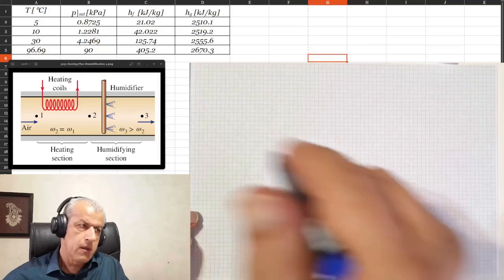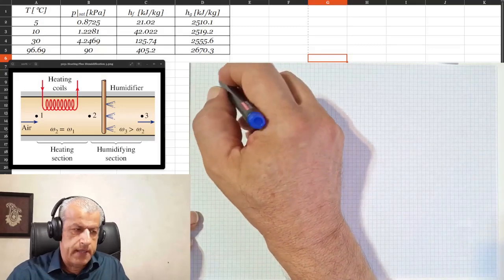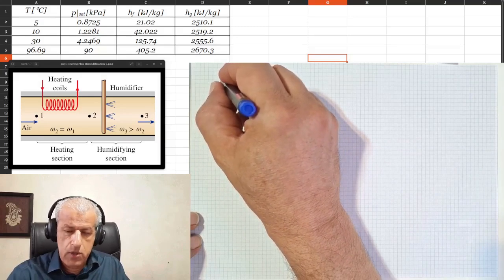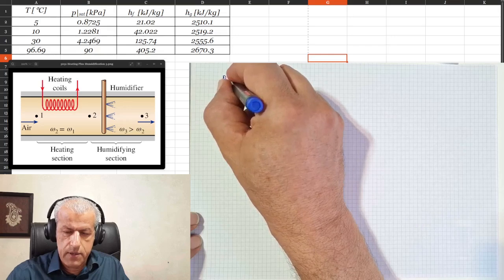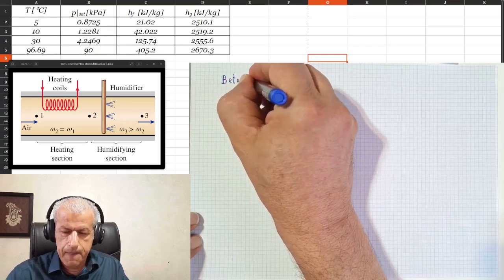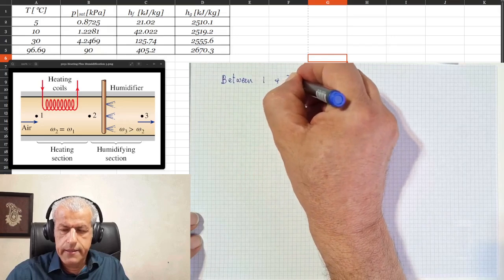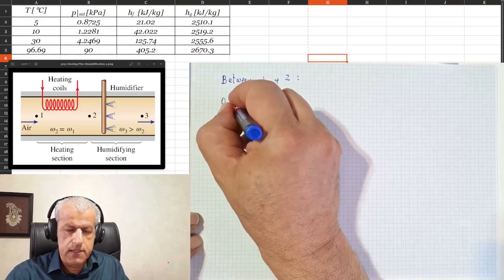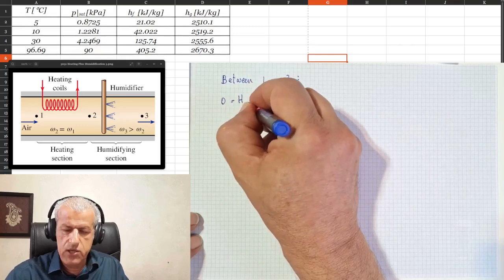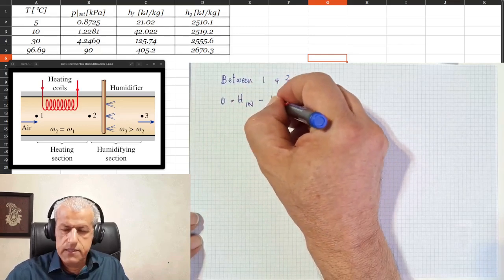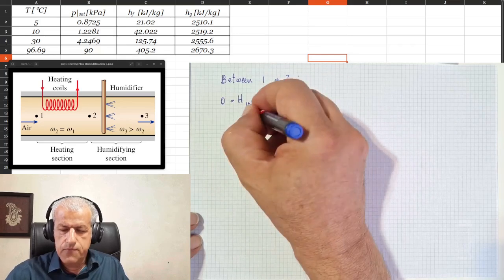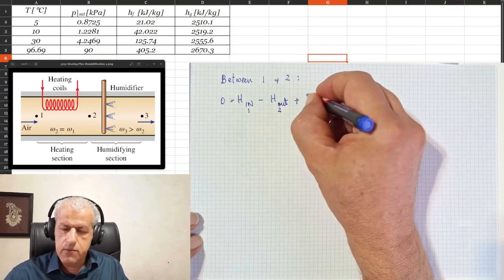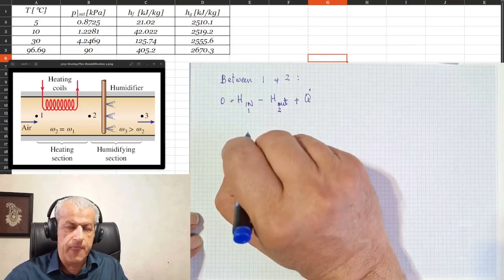So now between points 1 and 2, we may write the energy equation. The energy equation would be 0 equals H in minus H out, in at point 1, out at point 2, plus whatever heat that is needed.